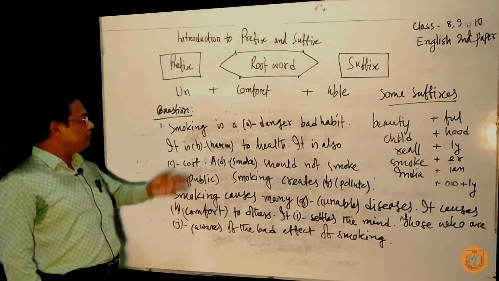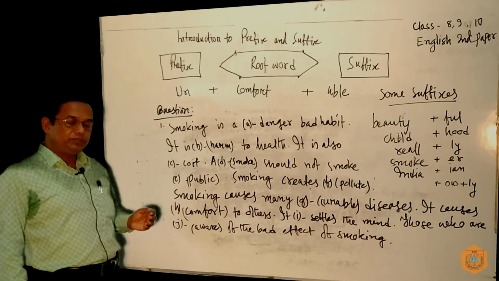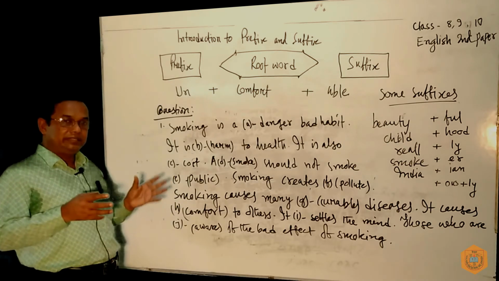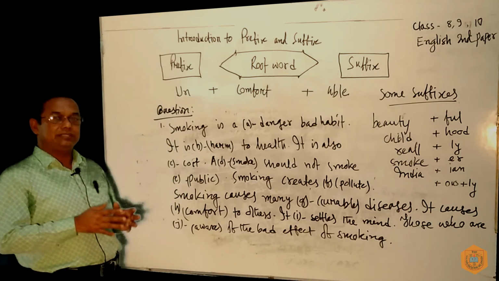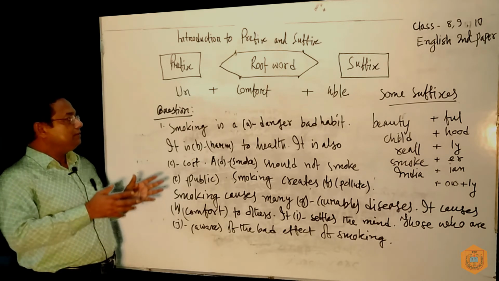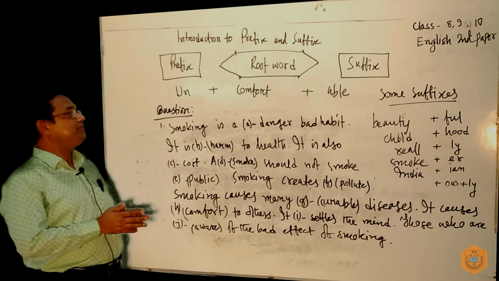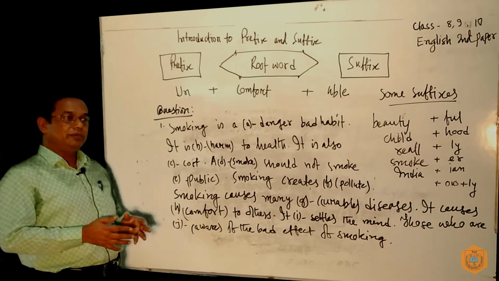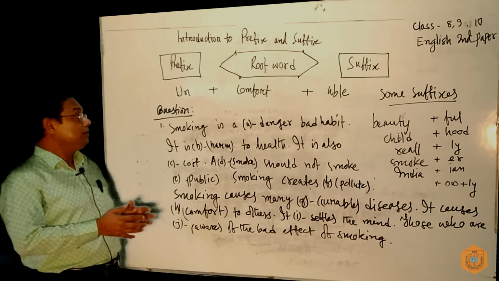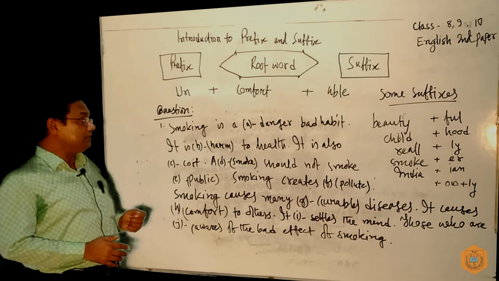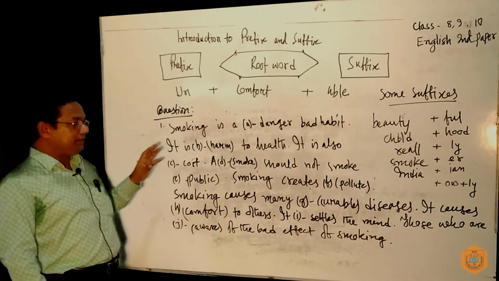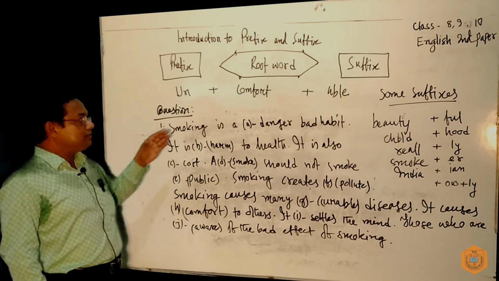As students, you have to go through the whole passage at a time and understand the theme of the passage, and then try to understand the meaning and try to use prefix and suffix, which one is usable for the gap or numbers. I have demonstrated a question on this board.